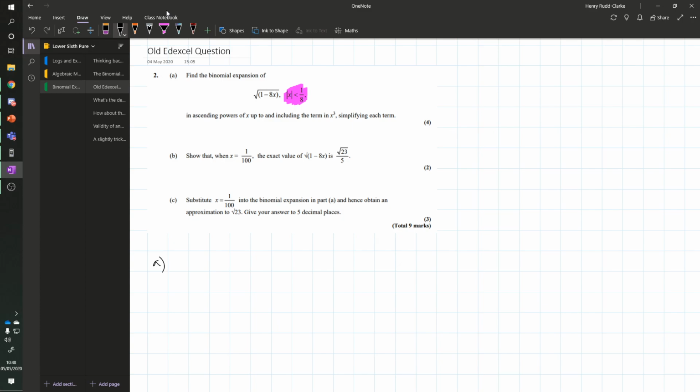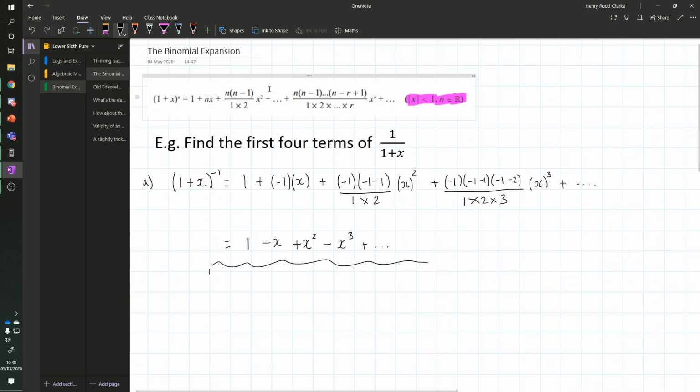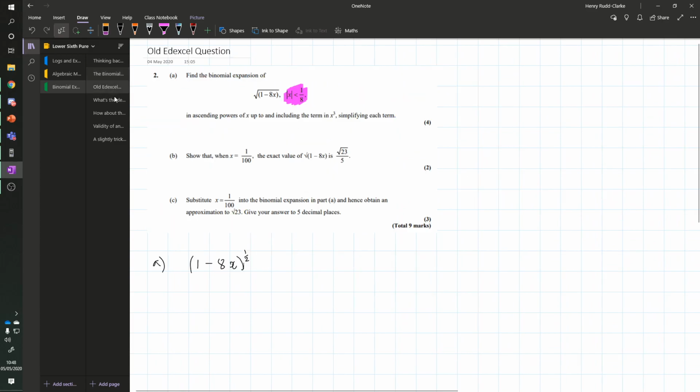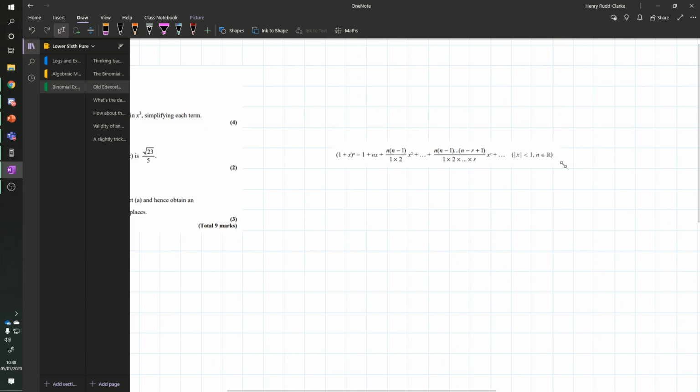I am going to go ahead and just start doing this. So this is 1 minus 8x to the power of a half. The first thing we always want to do is write it as a binomial. It says expand up to and including the x cubed term, simplifying each term. We can use this formula for the binomial expansion, which is in the formula book, so we're always going to have it available to us.